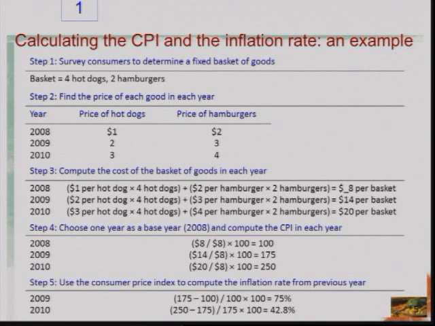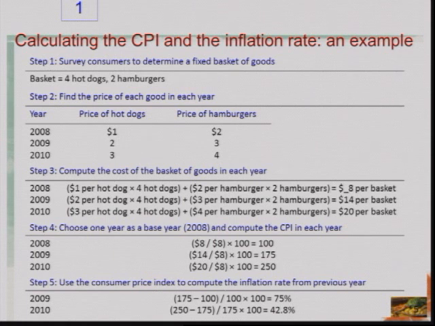So, times 100, the CPI for the base year will always be 100. We try to keep inflation in real life below 2% or below 3%, depending on how conservative of an economist you talk to. So these would be terrible inflation rates in real life, but that's just for an example there.